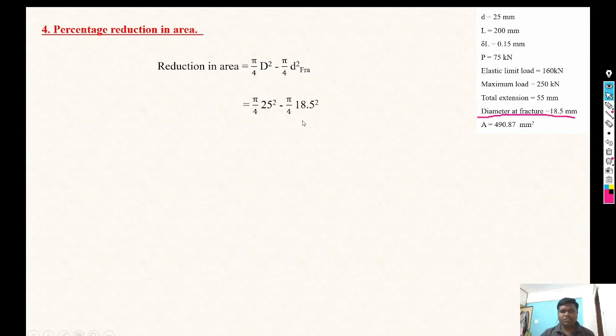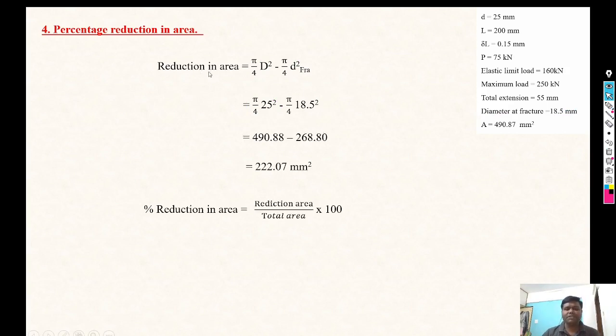So for the total area, consider the total diameter, and for the fracture area, consider the diameter at fracture. So pi by 4 into 25 square minus pi by 4 into 18.5 square. We get the reduced area.